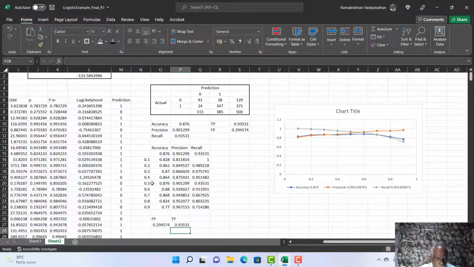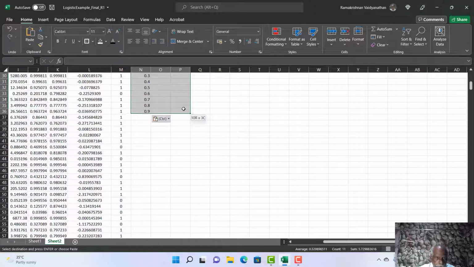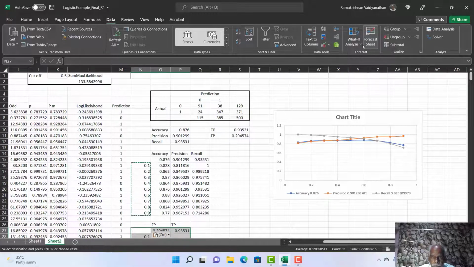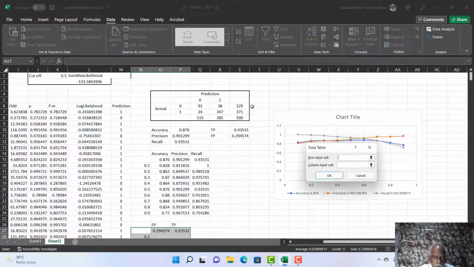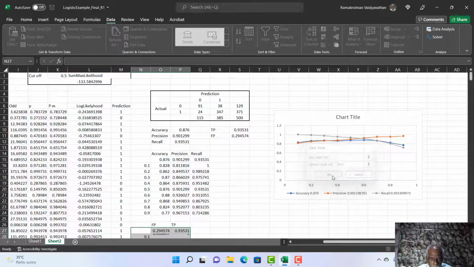Okay. Now again I will vary cutoff values from 0.1 to 0.9. So I will use data table and fill up this table. So I will select Data, What-If Analysis, and then I have to vary this input cell, that is cutoff, and then OK.